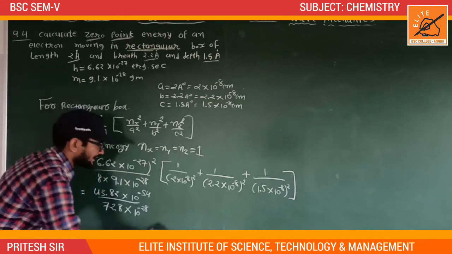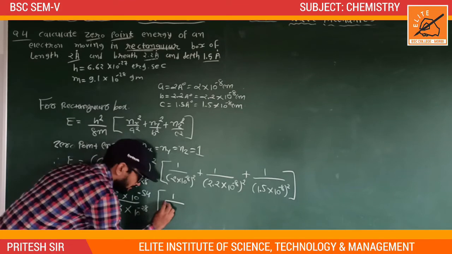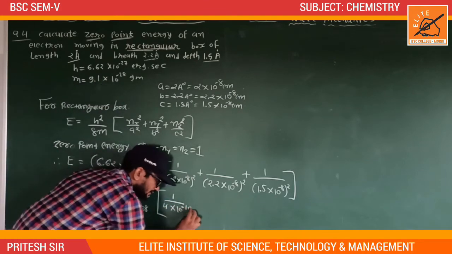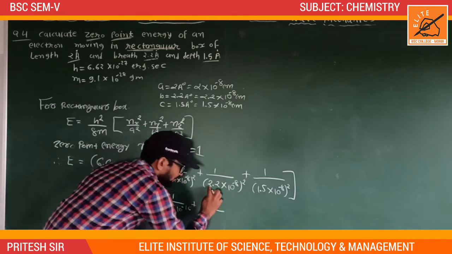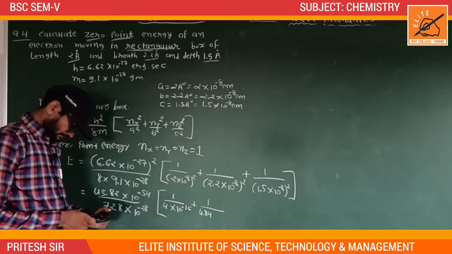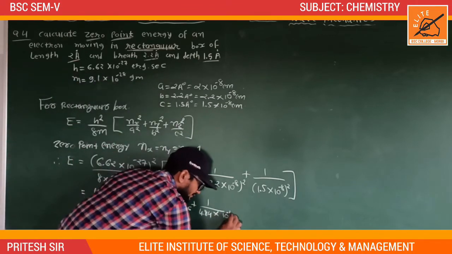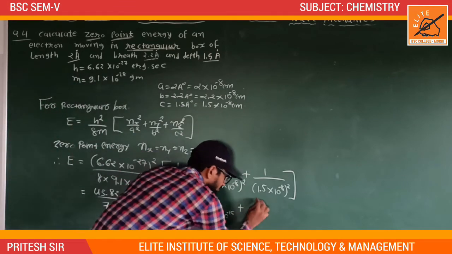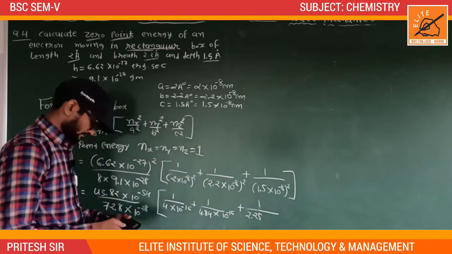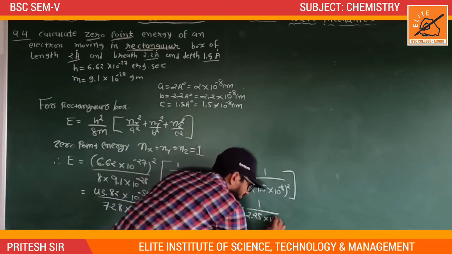Okay, so into bracket: 1 upon the square of 2 is equal to 4, into the square of 10 to the power minus 8, which means 10 to the power minus 16, plus 1 divided by the square of 2.2, which means 4.84, into the square of 10 to the power minus 8, which is 10 to the power minus 16, plus the square of 1.5 is equal to 2.25, into 10 to the power minus 16.